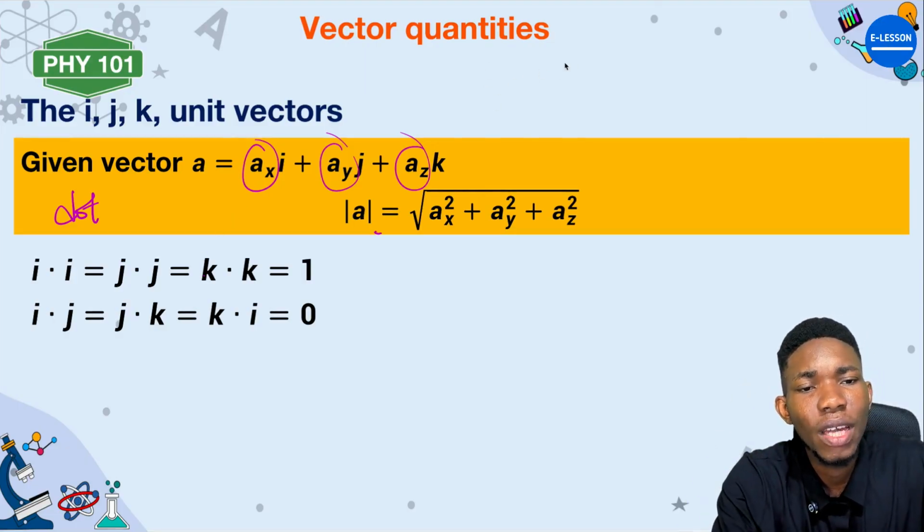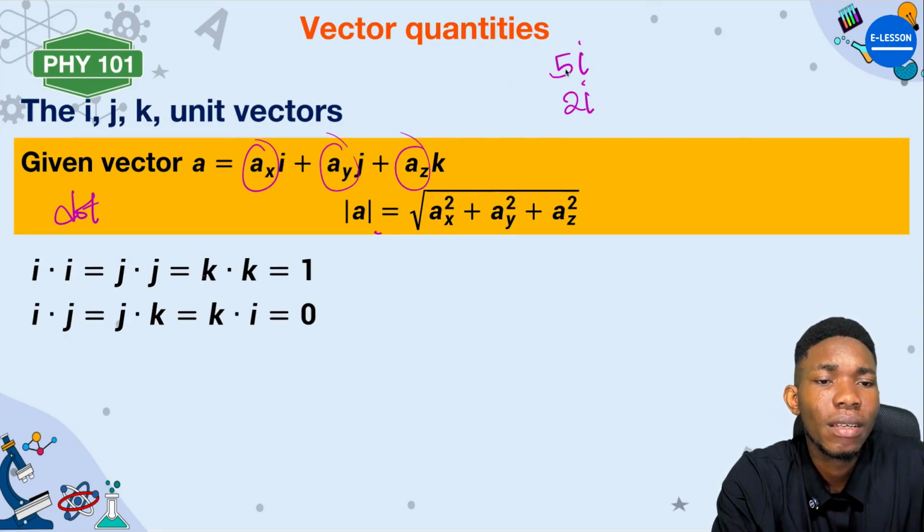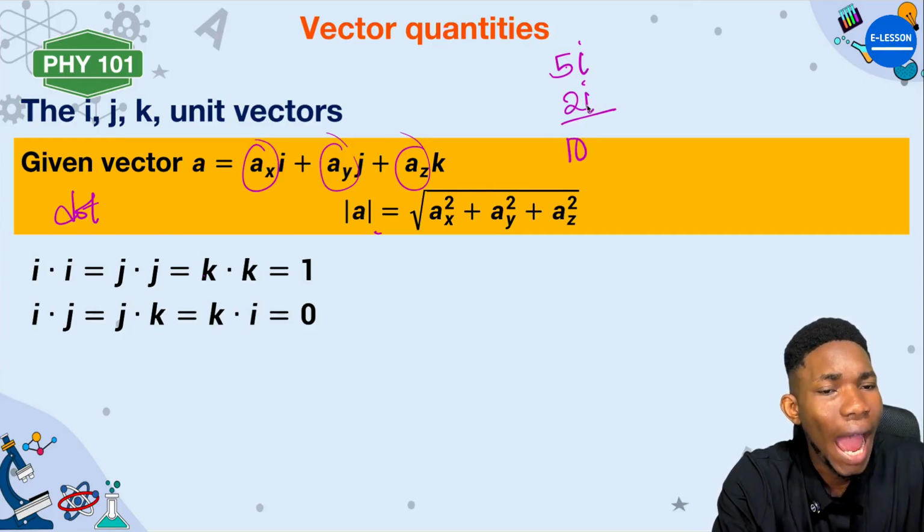So if I give you a vector, let's say 5i and 2i, I want to multiply these two things. First, 5 times 2 will give us how many? 10. Let us say a dot product. You already know that 5 times 2 is 10. I dot I, because it's dot product, I dot I will give us how many, my dear student? 1. So it means that this will be 10 times 1.